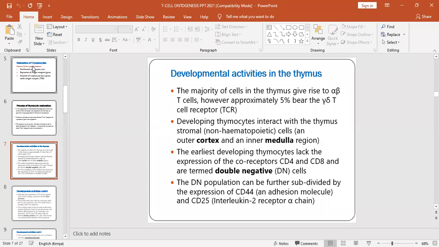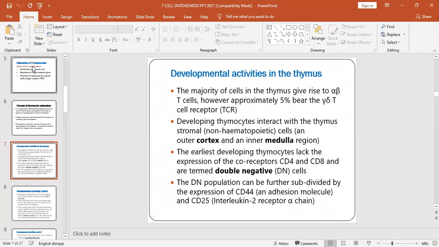So understand that the cortex is the outer part of the thymus gland, and the medulla is the inner part. Each region has a specific role regarding T cell development, and we will see what happens.